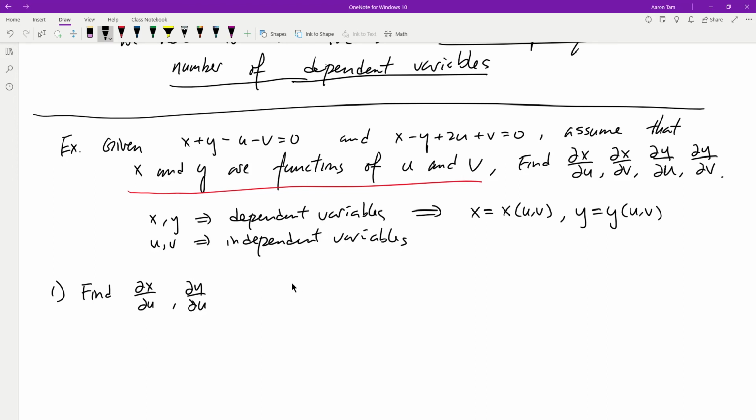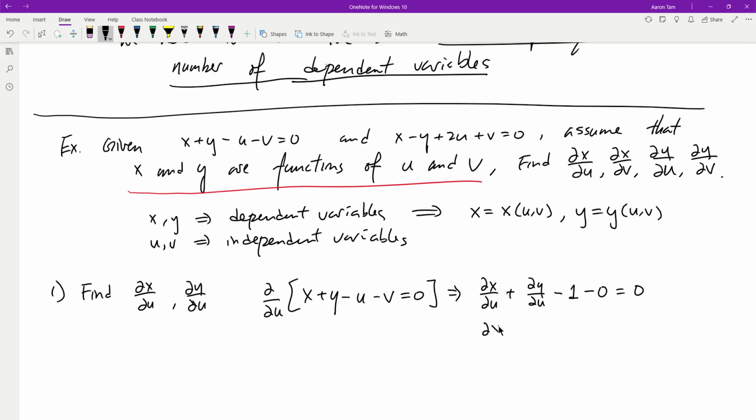So this is what we're going to do. We're going to take this first equation that we have, and differentiate it with d over du, with the variable u. If I do that, what I'm going to get is the derivative of x with respect to u, that will be dx over du, plus the derivative of y with respect to u, dy over du, minus the derivative of u with respect to u, which is 1, and the derivative of v with respect to u, since v is another independent variable, will become 0, equal to 0.